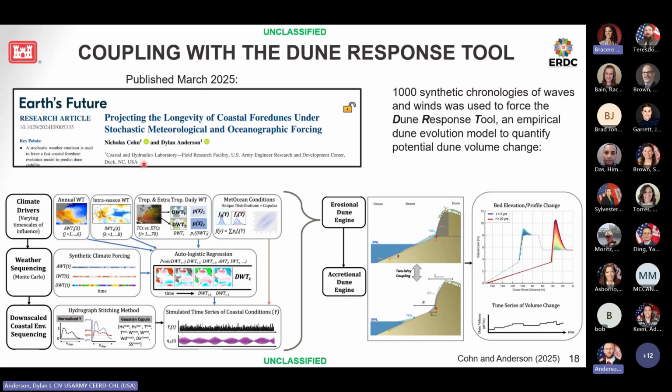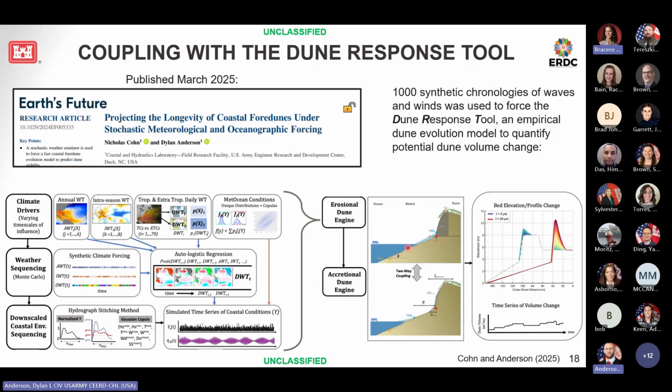And then in this version of the emulator, we add winds with a directional component so that we can get not only the magnitude of the wind, but the direction of that wind and whether or not sediment is being sent into the dune to recover it, right? So this is an example of a dune that was recovering, experienced a significant erosion event, and then regrew with time.